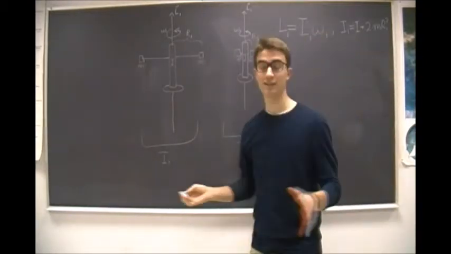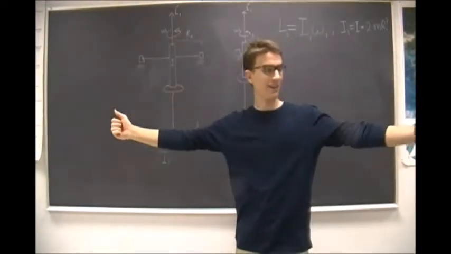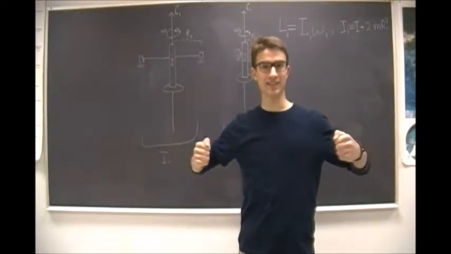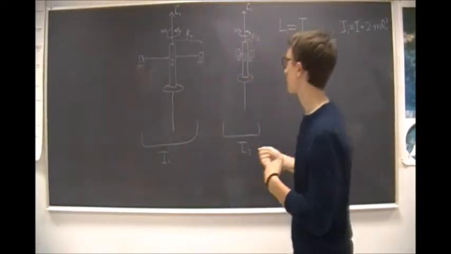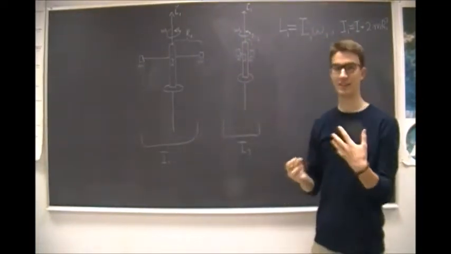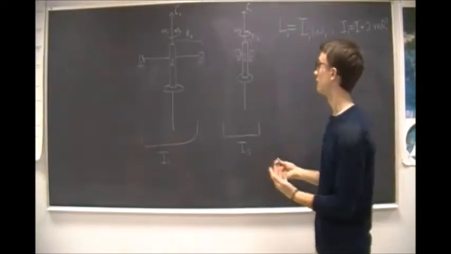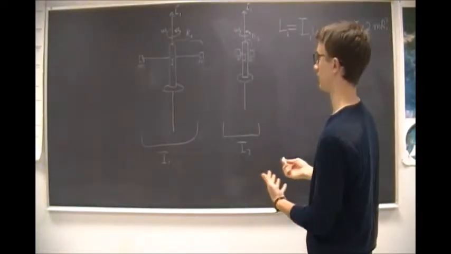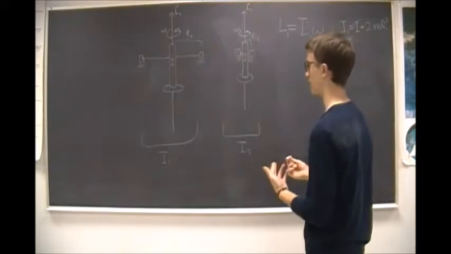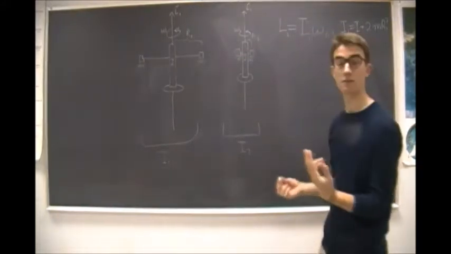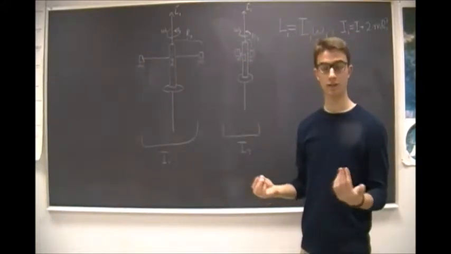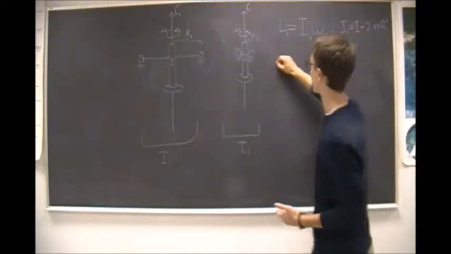Then, as you saw, he drew in his hands towards his body, and he sped up, and now he has a new angular velocity and a new angular momentum. So what is that equation?